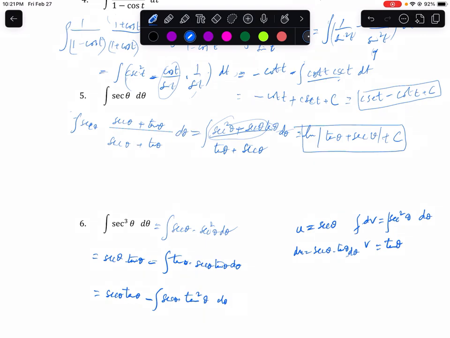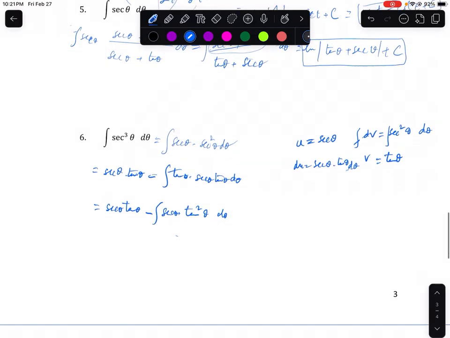Now here again we will not be able to apply the methods that we learned in section 7.2. So what do we do? I will expand the tangent square theta, using the trig identity for tangent square theta.